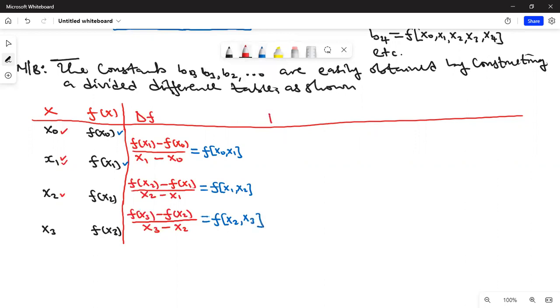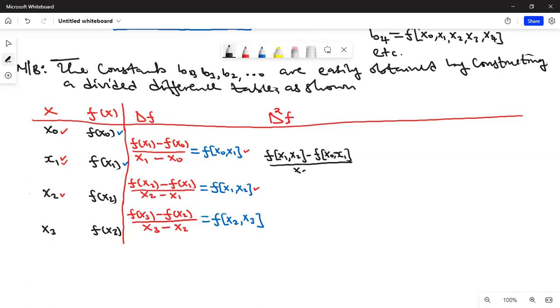We go to the second order divided differences. You take this minus this. That will be f of x1, x2 minus f of x naught, x1, divided by, now it is this value, x2 minus x naught.